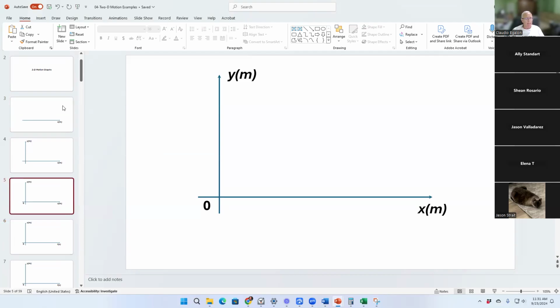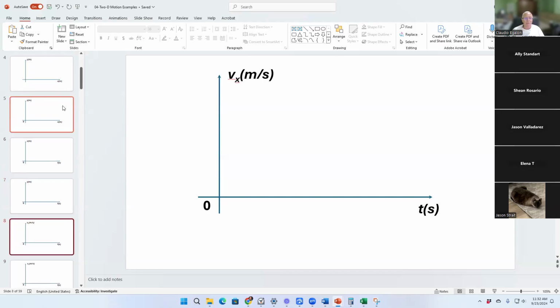Okay. When it comes to two-dimensional motion, yeah, we are going to have this X and Y graph, but then we are going to have other types of graph as well. We're going to have the X versus T graph, the Y versus T graph, the X component of the velocity versus T graph.